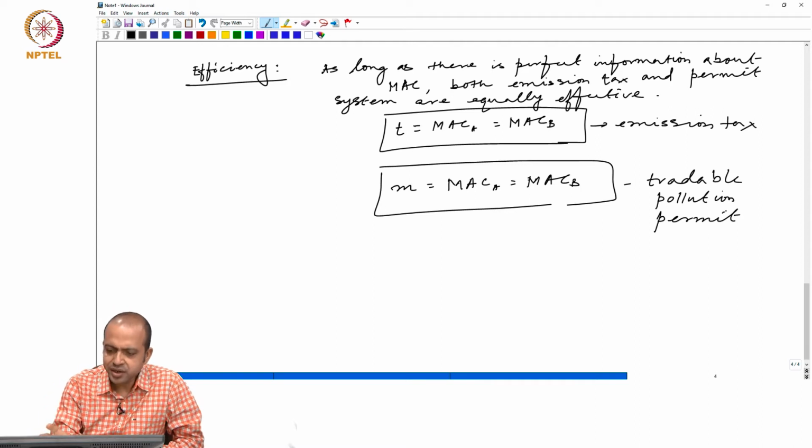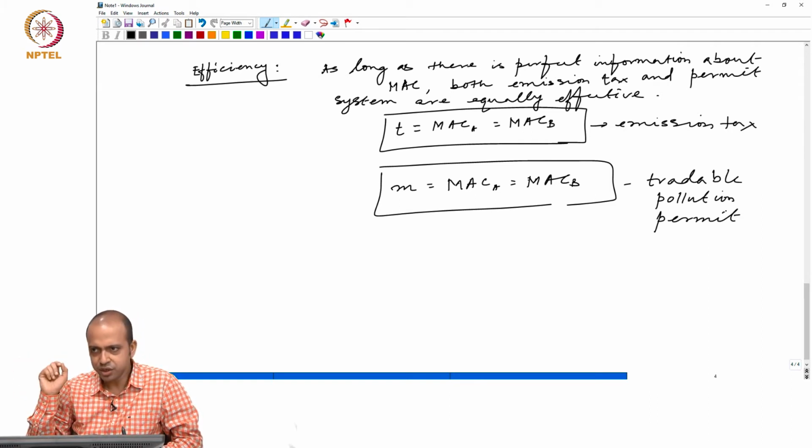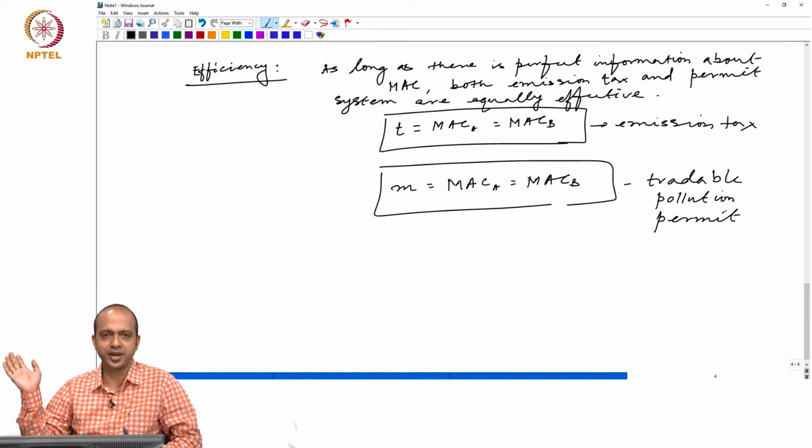Now, we said here that when the marginal cost of abatement is completely certain, then emission tax is efficient. That means, indirectly we can say that imposing emission tax is better than imposing some kind of uniform standard.